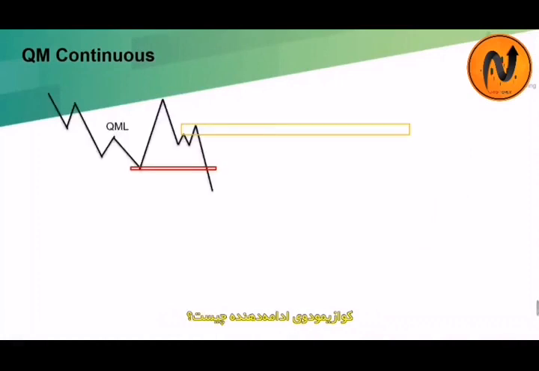QM continuous, Quasimodo continuous. So what do I mean? Let's assume that the overall price is breaking the low. Breaking the low means that the overall price is bearish. Then price does not go in a linear way. It will have a pullback. This is what we call a pullback. So within the pullback, there is a QM.